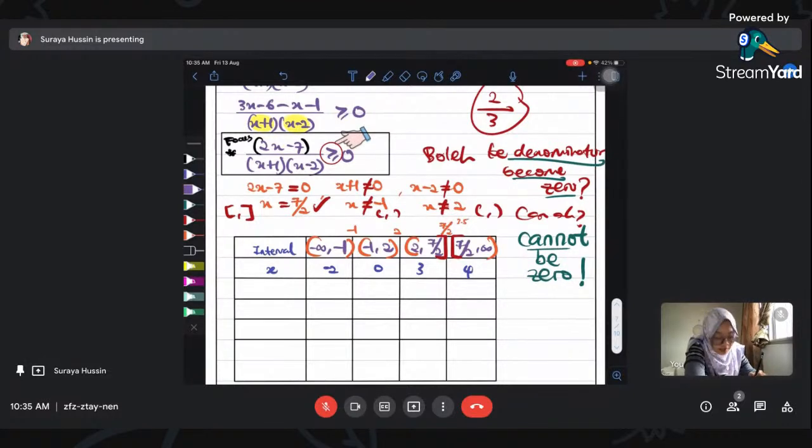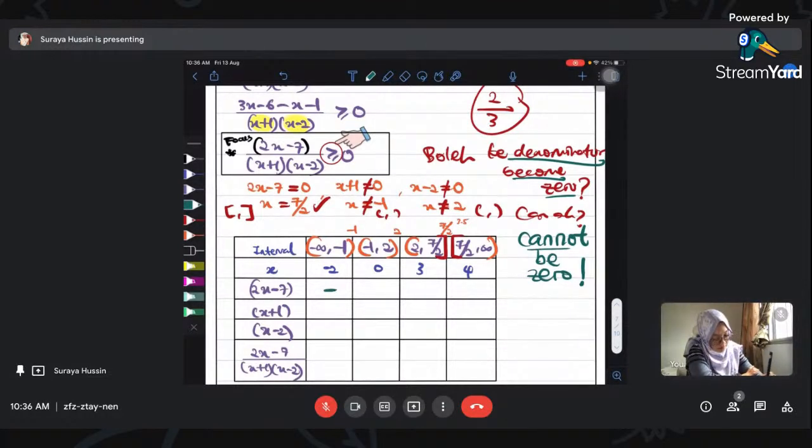So dekat sini, kamu masukkan nilai 2x minus 7, x plus 1, x minus 1, x minus 2. Okay. Buat dulu bentuk table ni. And then masukkan setiap nilai. Can I go fast here? Nanti you buat sendiri. Sekarang you buat sendiri ya.